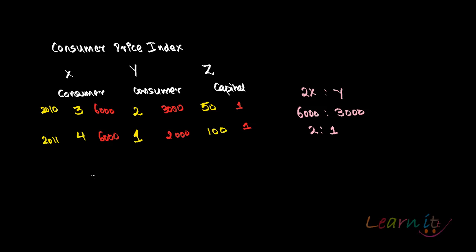Clear? So we can calculate the value of the CPI basket in 2010 as 3 into 2 plus 2 into 1. That is 3 into 2 is 6 plus 2 is 8.